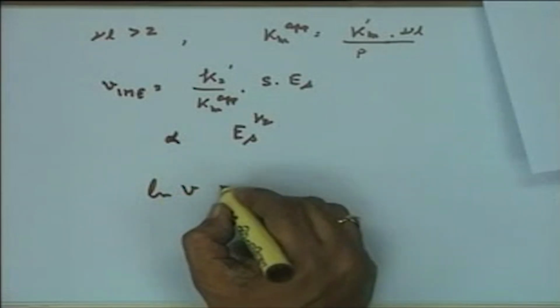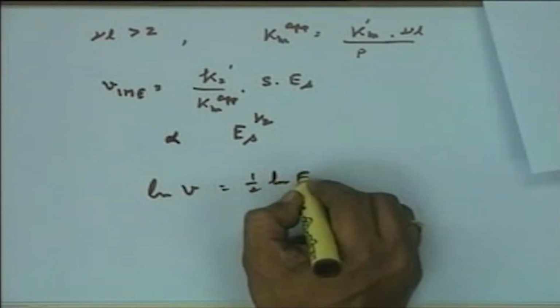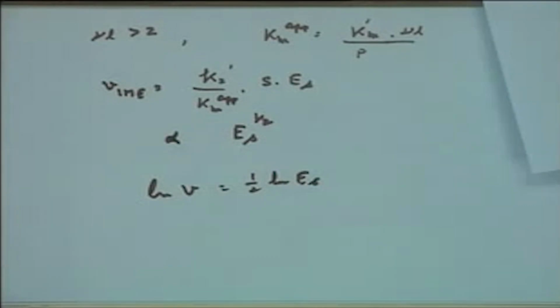That means if you make a plot between V and the square root of Es, you will get a linear fit, and that can be checked experimentally by making preparations of different enzyme loadings and measuring the enzyme reaction rate. So that is one approach by which one can determine the controlling parameter in the case of an immobilized enzyme reaction.